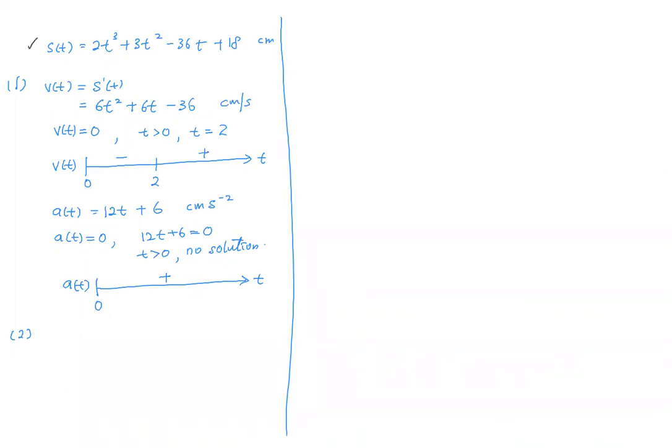The one in black, the one in red, and the one in green. So which one should I use to do number 2? Green one? Is green one acceleration? Just now I said position is which one? Black one. So black one.